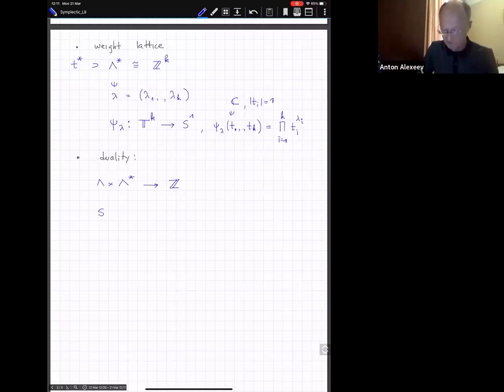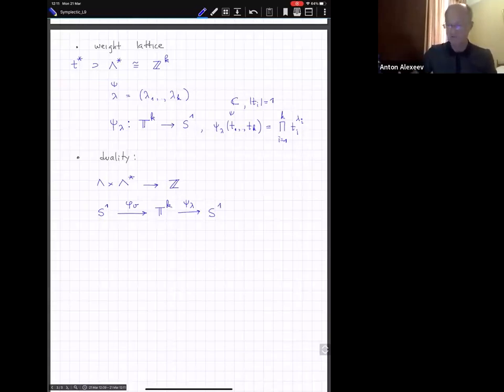Well, one can guess. Suppose we have an element v of our integral lattice, our coweight. So we have a homomorphism phi v from S1 to T^k, and then we compose it with a homomorphism psi lambda from T^k to S1.